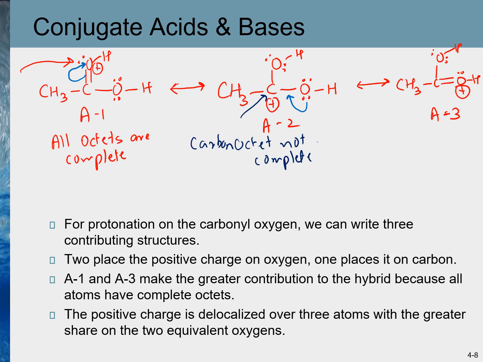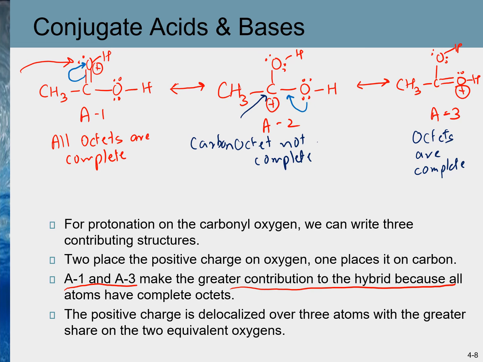And again in A3, octets are complete. Therefore A2 is less contributing than A1 and A3, because the octet of carbon is not completed, so it's less significant. So A1 and A3 make greater contribution to the resonance hybrid because they have completed octets, and A2 does not contribute much, but it's a structure.